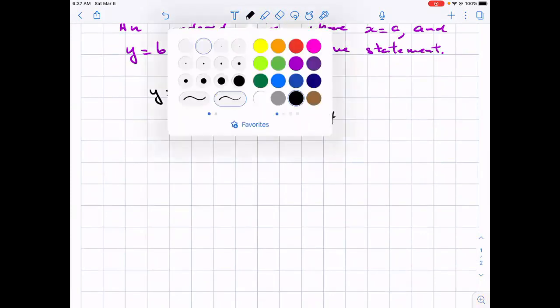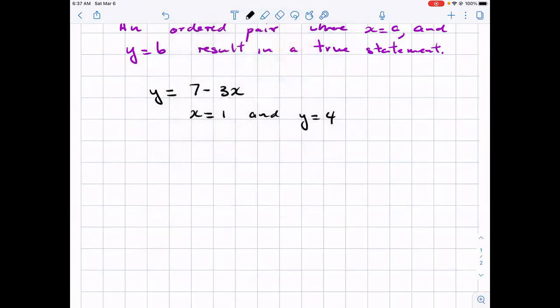So if we do this, y is equal to 7 minus 3x.